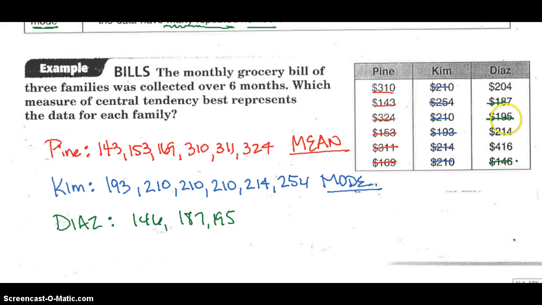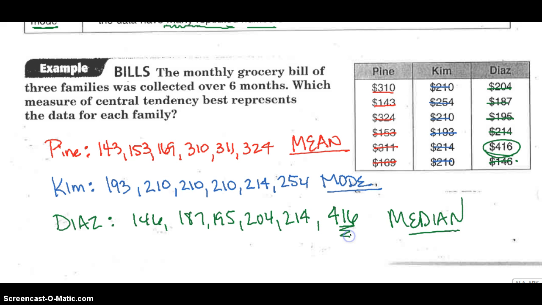Those are all pretty close together. 204, 214, and then, oh my goodness, they jump all the way up to 416. That's a pretty significant extreme value. So let's go back to our notes at the top. When there's an extreme value, it's a good idea to use the median. So with this extreme, I'm going to pick median.